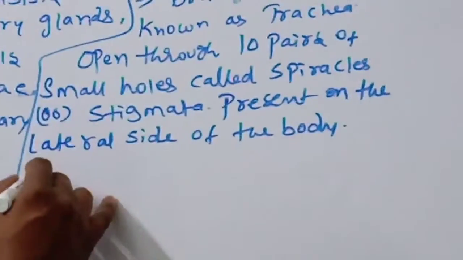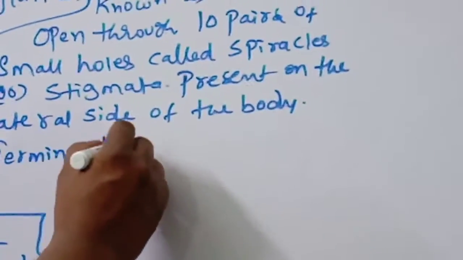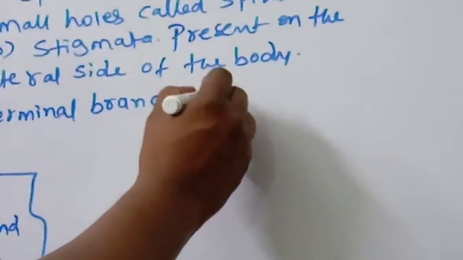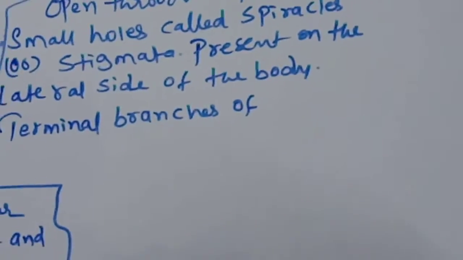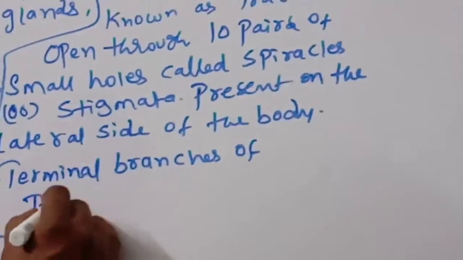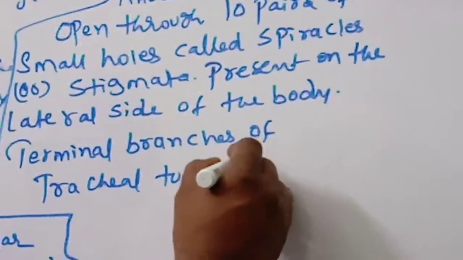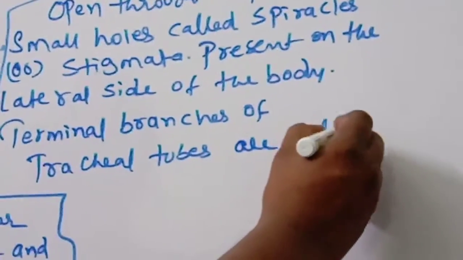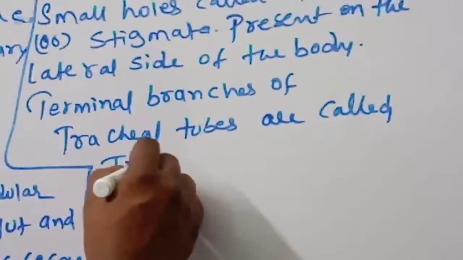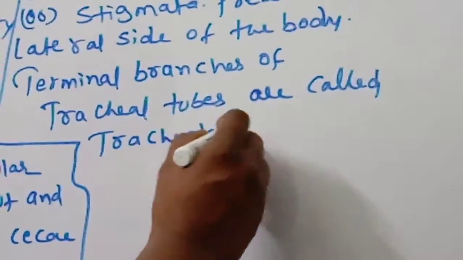Next, terminal branches of tracheal tubes are called tracheoles.